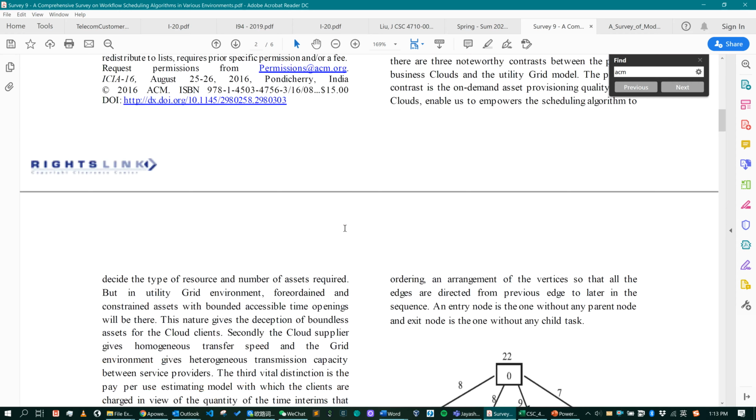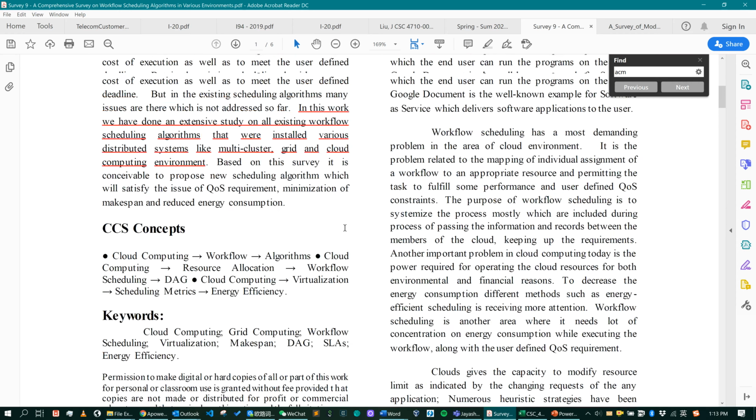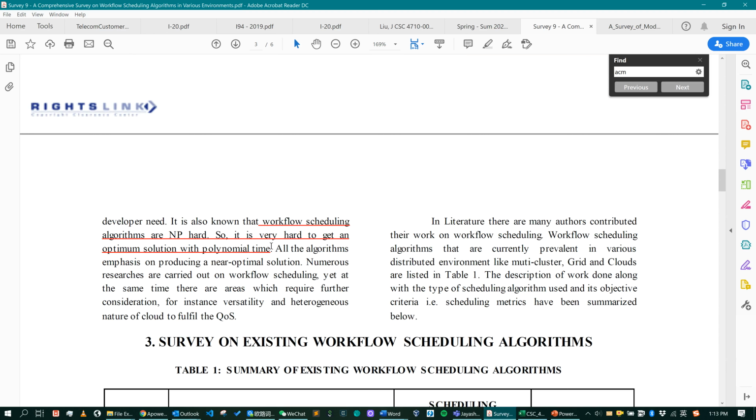What I like about this survey is that they provide a very good statement at the very beginning. Before introducing scheduling algorithms, they say that workflow scheduling is NP-hard, and it's very hard to get an optimal solution in polynomial time.